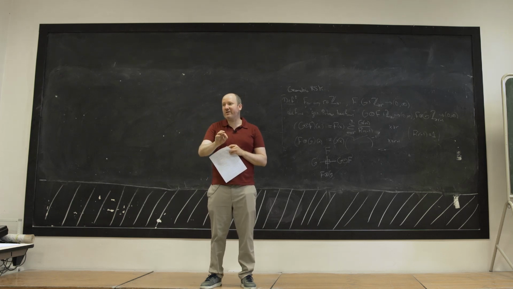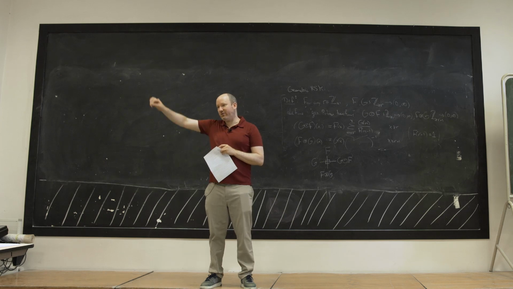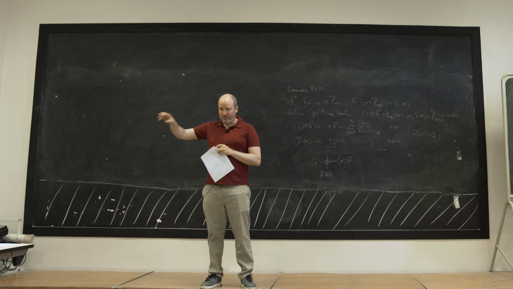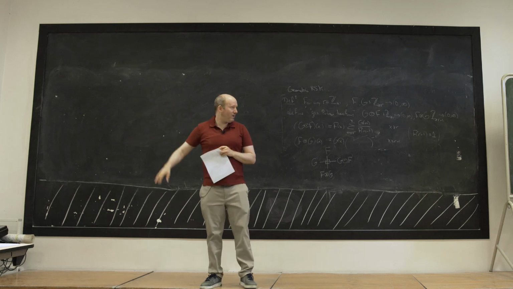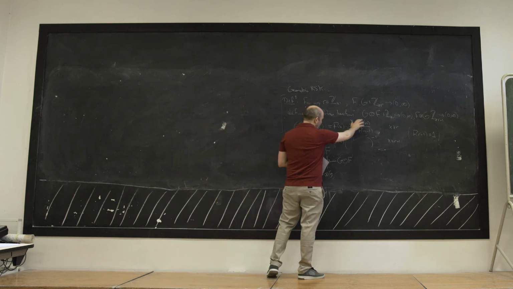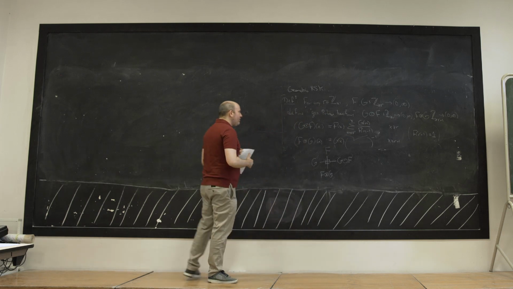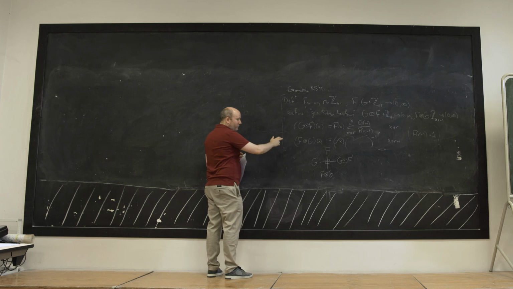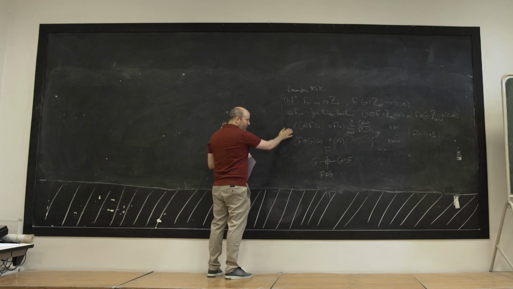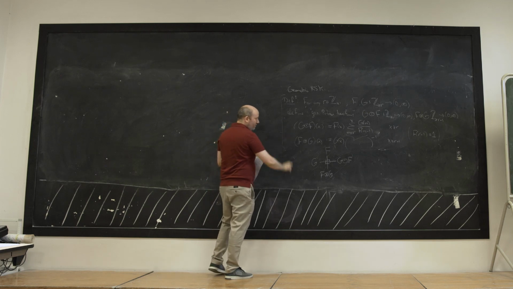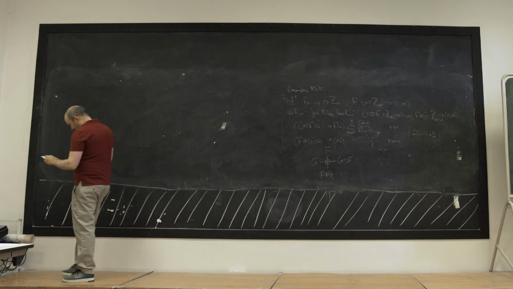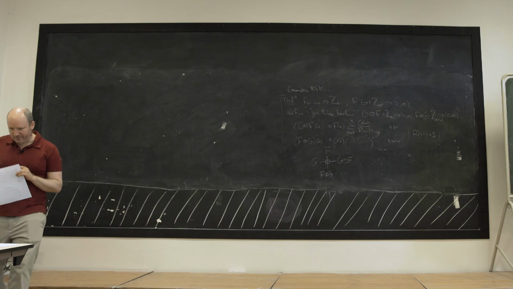Last passage percolation said, I want to look at the max over the sums, and now you want to look at the sum over all paths of products. And already here you have things like sums and products going on. And so what will turn out is that you can formulate the RSK correspondence very nicely, very concisely, in terms of these Pitman transforms. And so I'll give you that description.